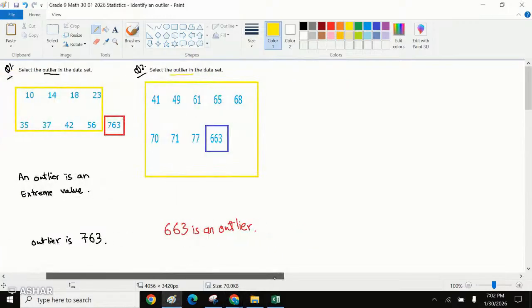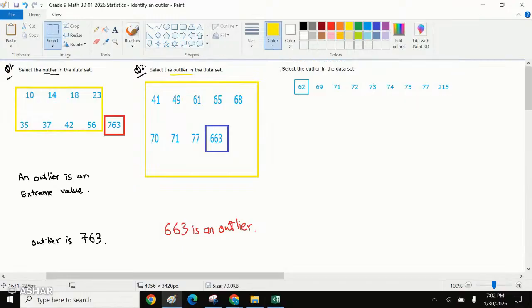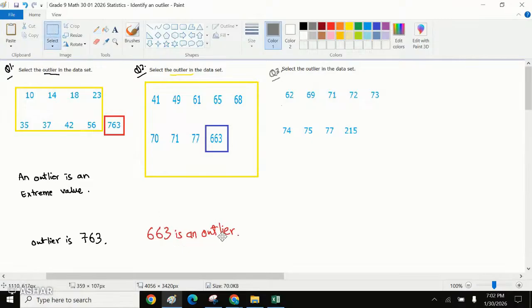For question number 3, we just need to remember that an outlier would always be a number that is on the extreme. Okay, so in this given set of values, we start with 62, we go to 69, and so on. We have a lot of values in the 70s, right? So which value looks like an outlier over here?